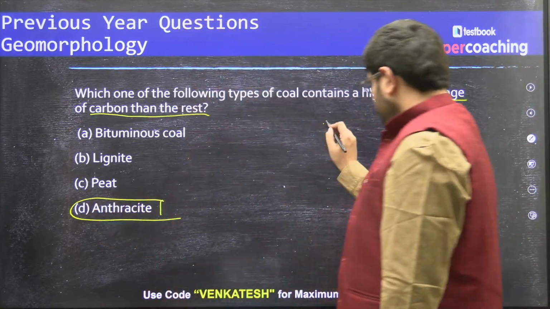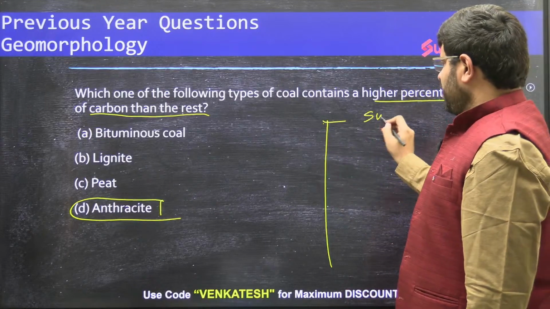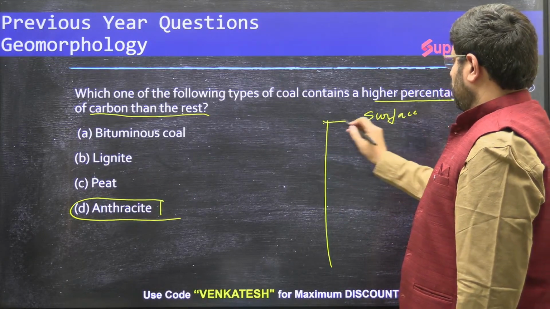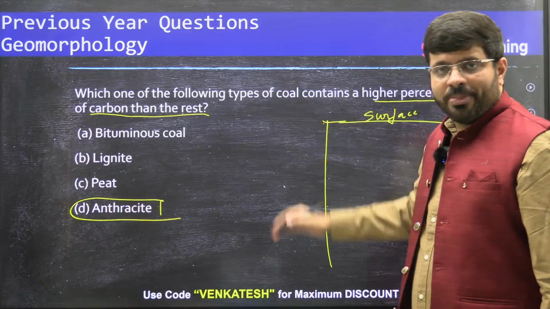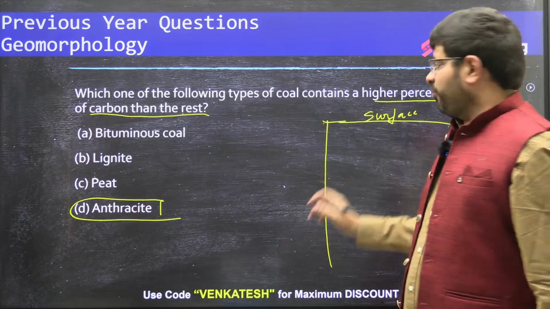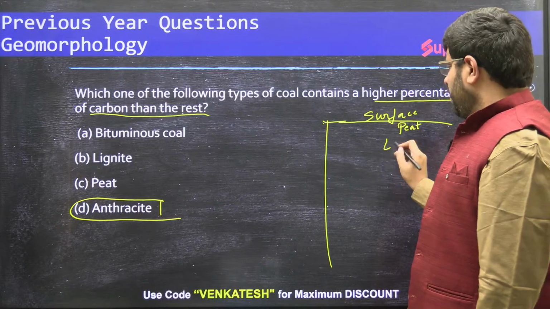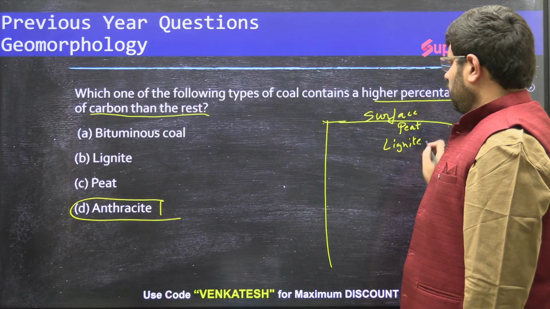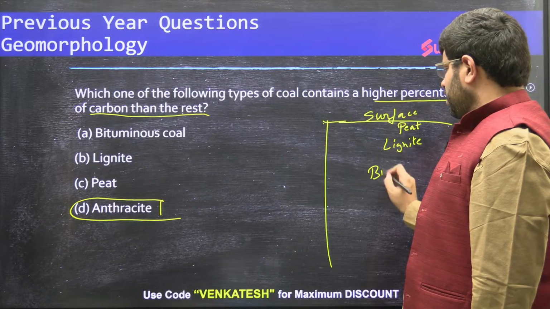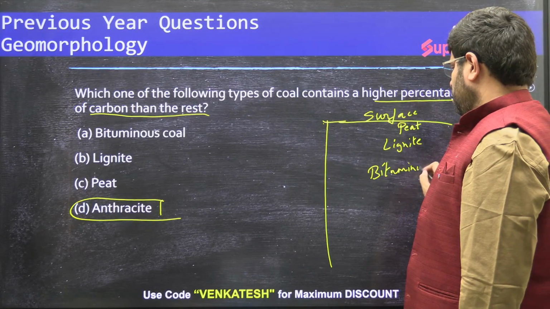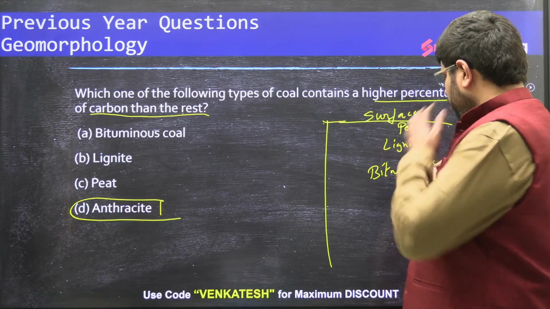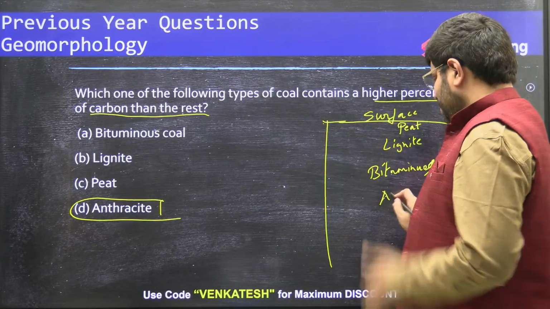If you see, this is the surface. The more you go deeper, the better quality of coal you find. Nearer to the surface, you will find peat. Just below it, lignite. Then you will find bituminous. Then you will find anthracite.